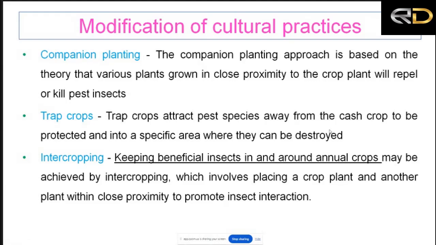The next one is intercropping. If we are growing a cash crop, and we are also growing some crops which are attractive to beneficial insects, like honeybees or other predators and natural enemies, they will come towards the crop that we have intercropped with, and they will indirectly help in controlling the diseases and pests of the cash crops.